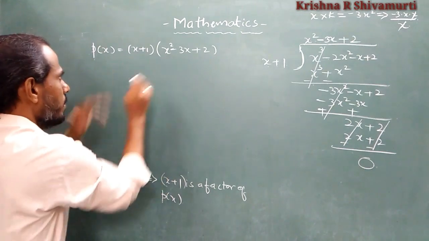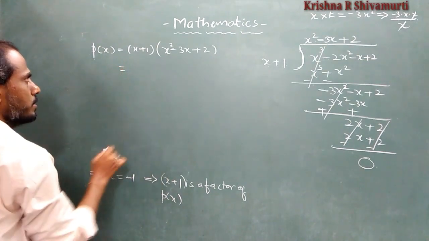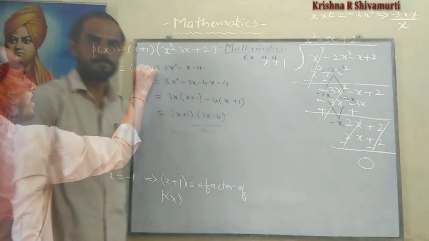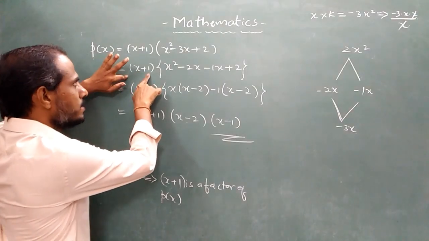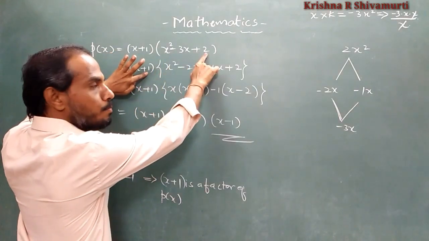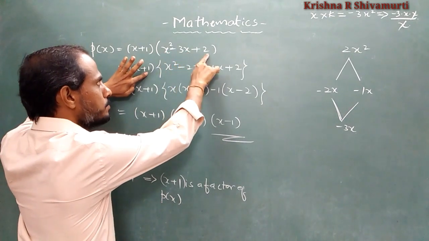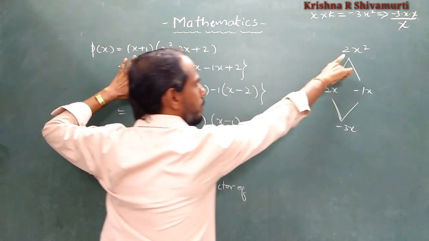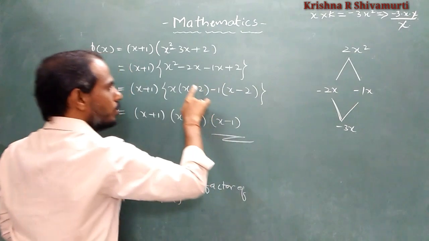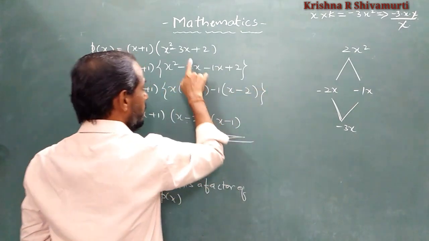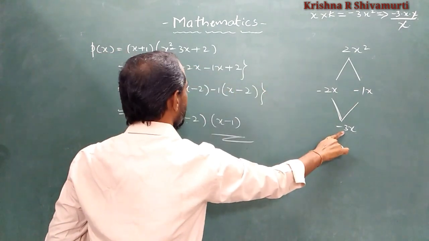That is, p of x is equal to x plus 1 as it is, and factorize this quadratic polynomial x square minus 3x plus 2. The first and last multiplication is 2x square, and the middle term is minus 3x.